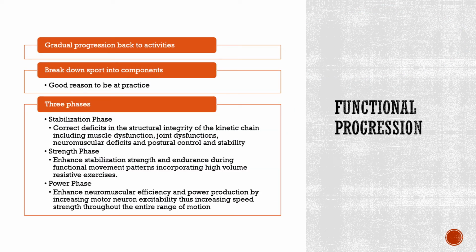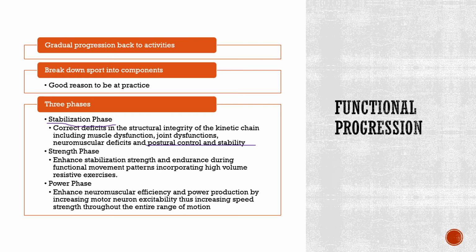All right, the last phases are the functional progression and functional testing. With that, I talked about the stability and balance within there, but the stabilization phase, right, where we're trying to correct any deficits in structural integrity with muscle control and stability.